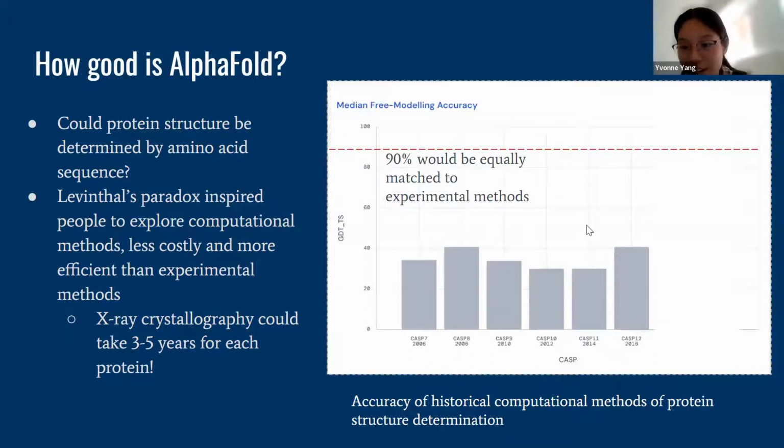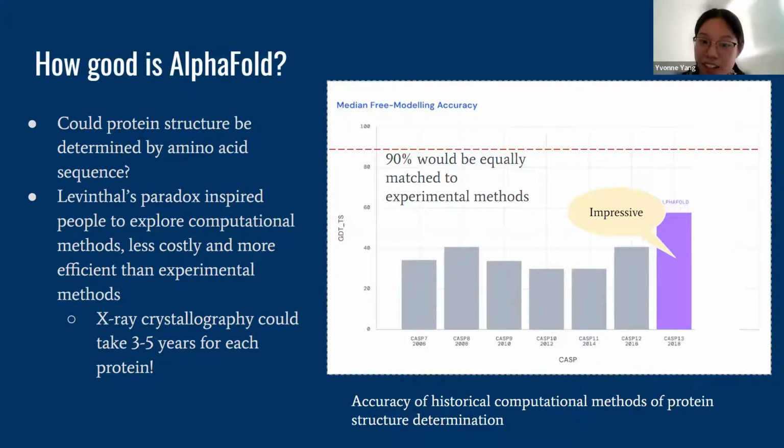So in comes AlphaFold onto the scene in 2018, and they got about 58 percent accuracy, I guess. And that was really good. And they won the competition, and people were very impressed.